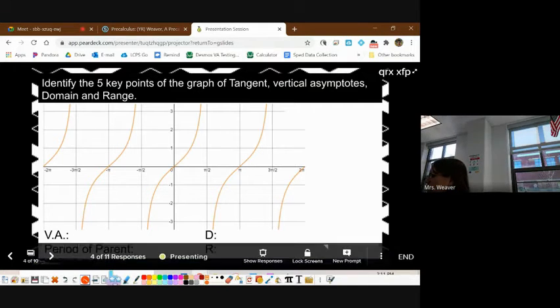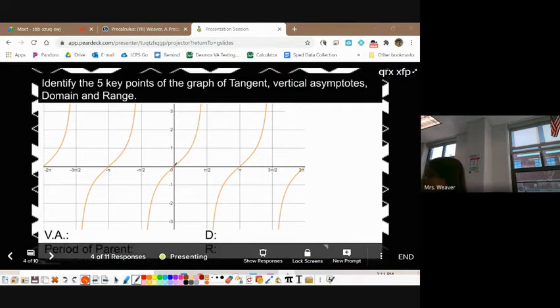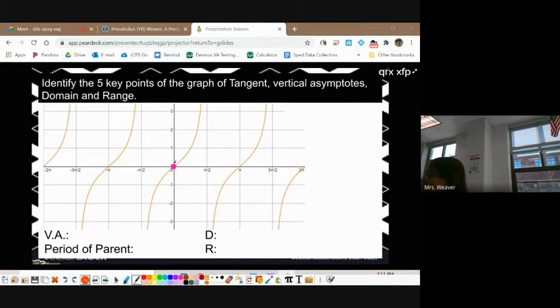If we start here at 0, and that's where the parent function is going to start, right here at its midline at 0. Okay. We see this upward swing. So I'll highlight it kind of here to draw your attention to it. So we see this upward swing of tangent. And by the way, there is an asymptote there that, of course, we don't graph asymptotes normally.